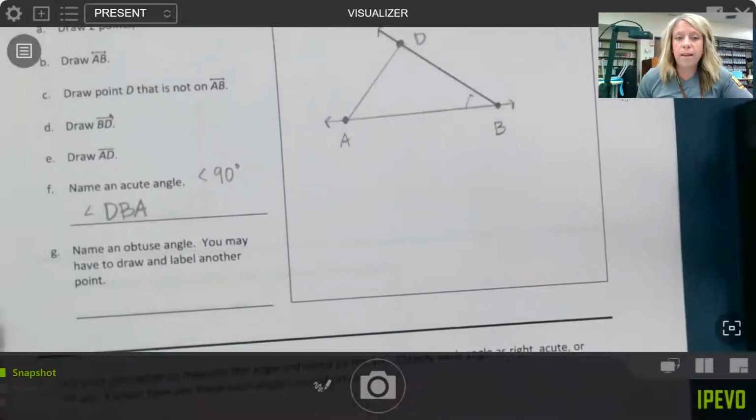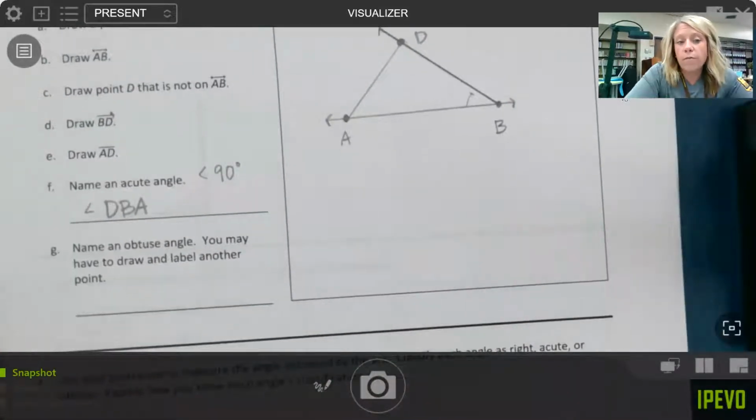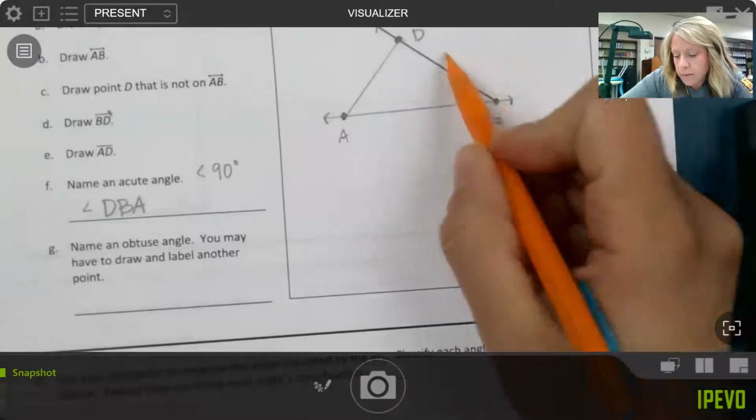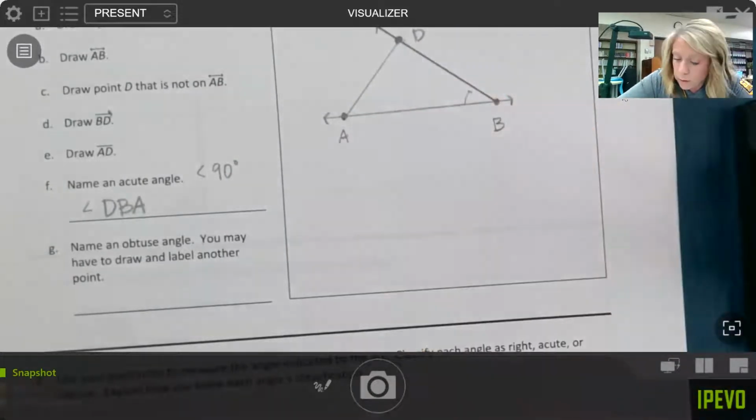Letter G, name an obtuse angle. You may have to draw and label another point. So as I look here, BDA to me looks to be about 90 degrees. I think I'm going to have to draw another point.